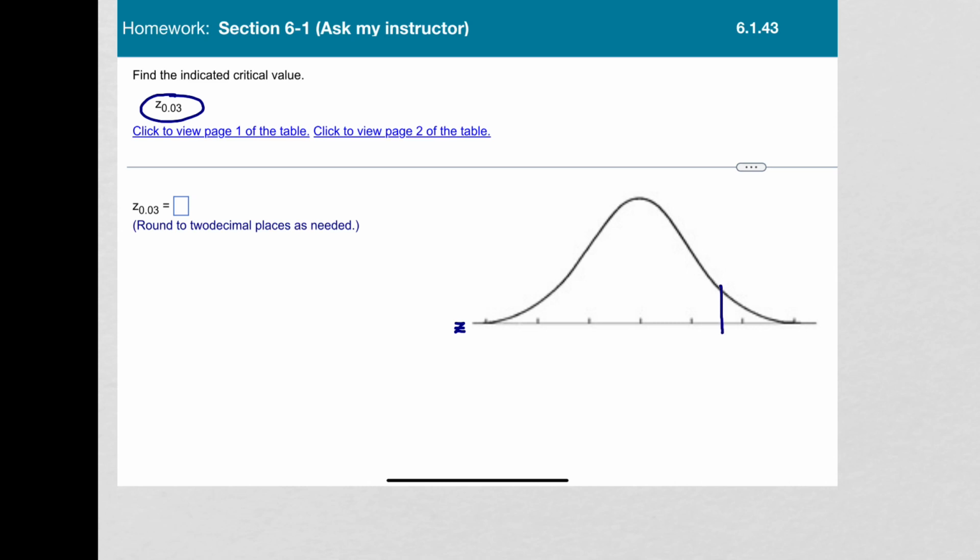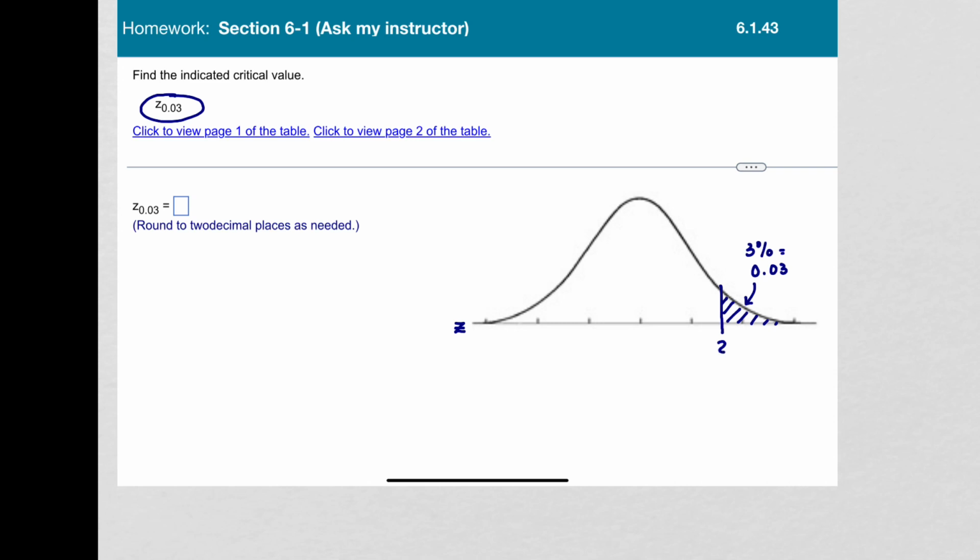We'll see what happens. So the idea here is that we have 3% of the area under the curve, or 0.03, on that right-hand side.